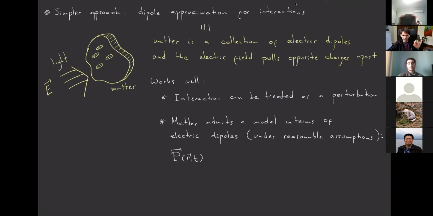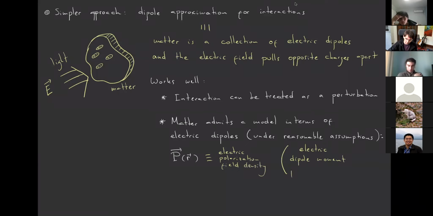At any point r, and any time t, or let me just remove time for now because we will not need it, you can define what we will call the electric polarization field, or polarization density, which is nothing but the electric dipole moment of the material per unit volume.